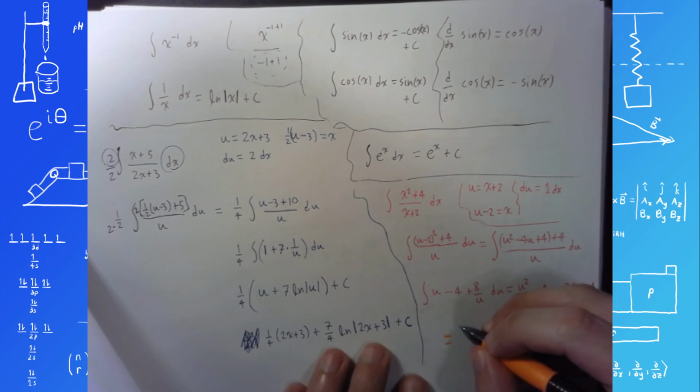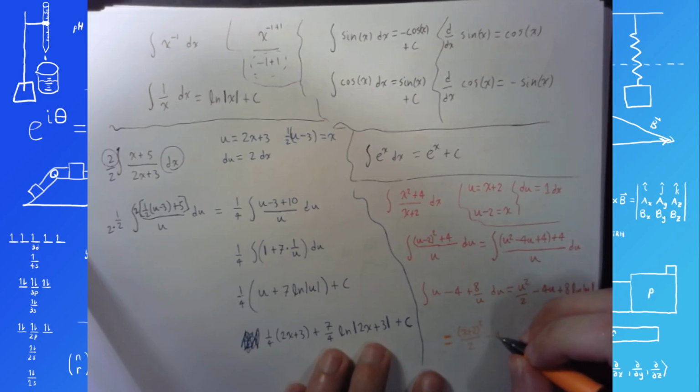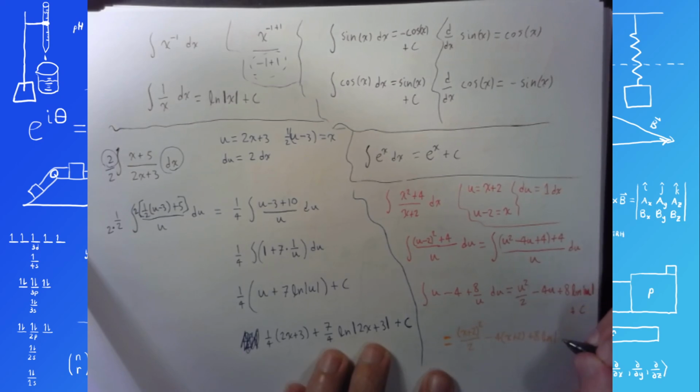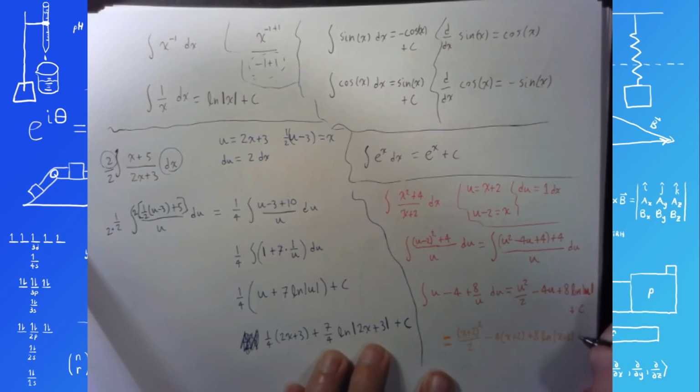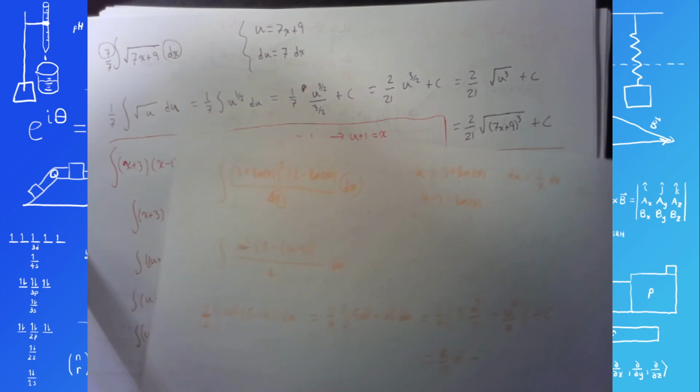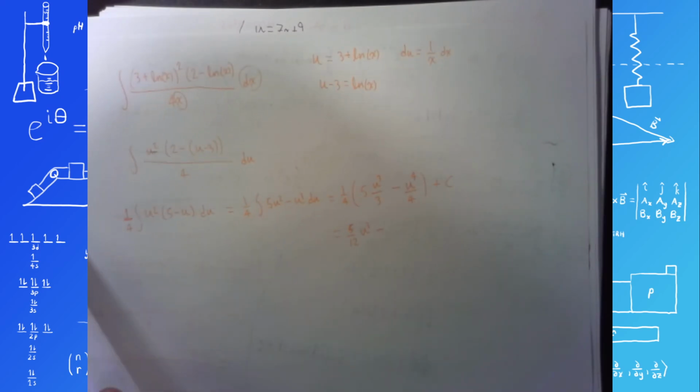So that's going to be (x plus 2) squared over 2 minus 4(x plus 2) plus 8 natural log absolute value of x plus 2, and then plus c. Okay, there we go. So for those who were yelling at me for that one, relax, I fixed it.